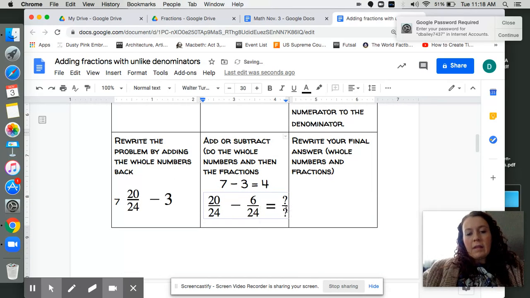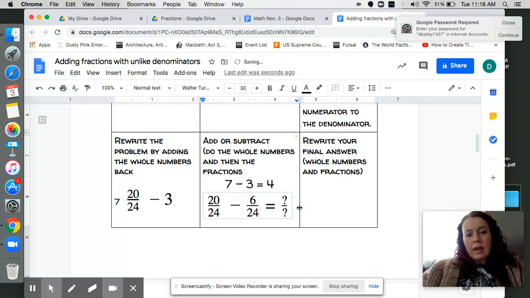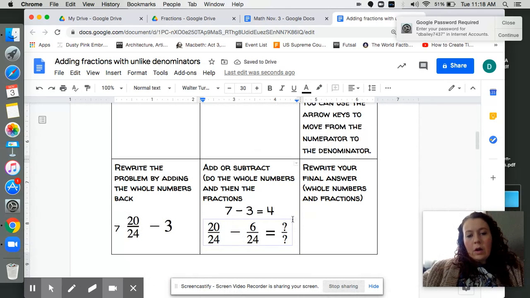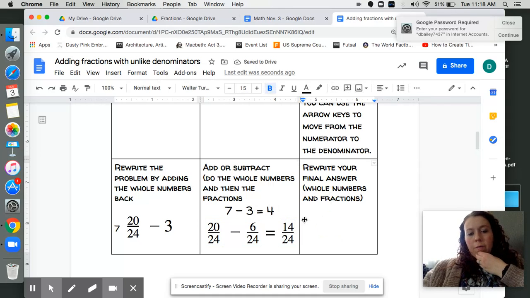And remembering that I'm keeping the bottom of the fractions the same. I am not subtracting the bottoms, only the top. 20 minus 6 would be 14. So I'd have 14 24ths. So my answer would be 4 and 14 24ths. And I would just type that in the box.